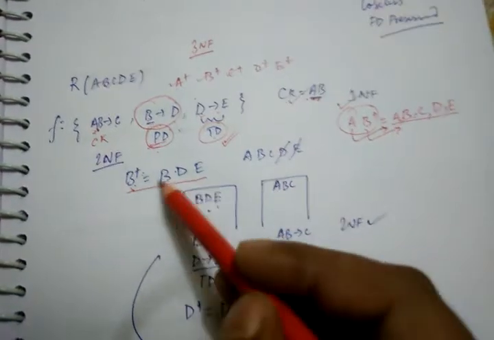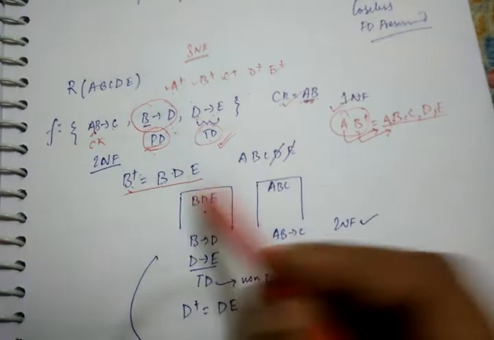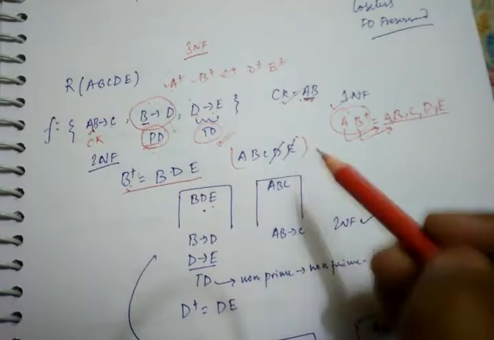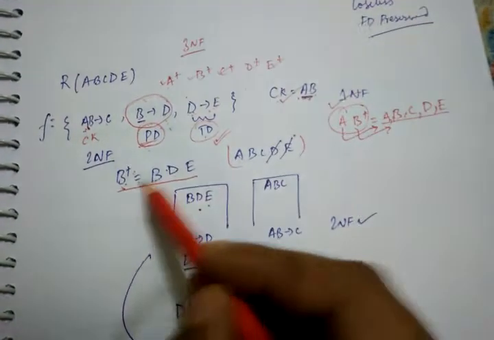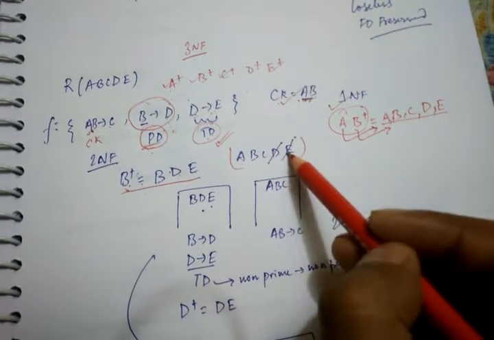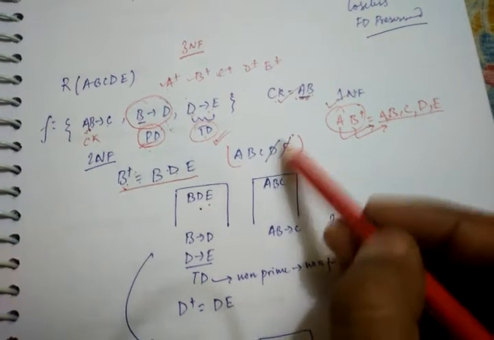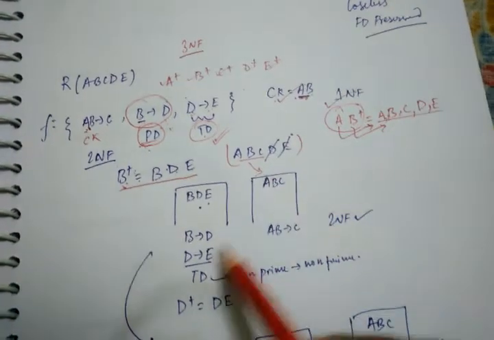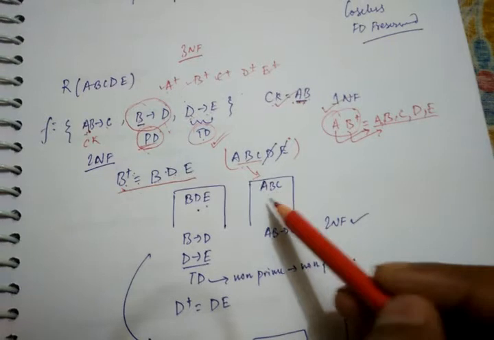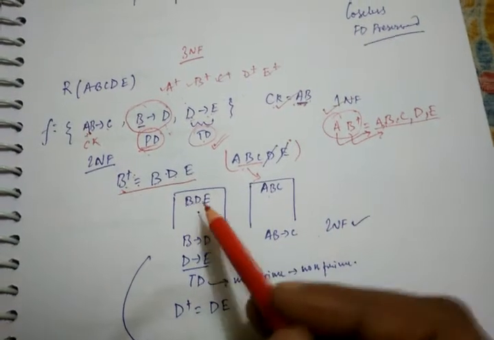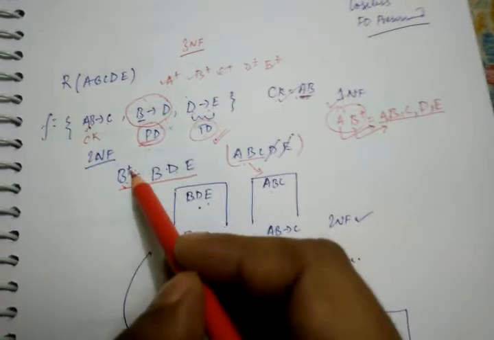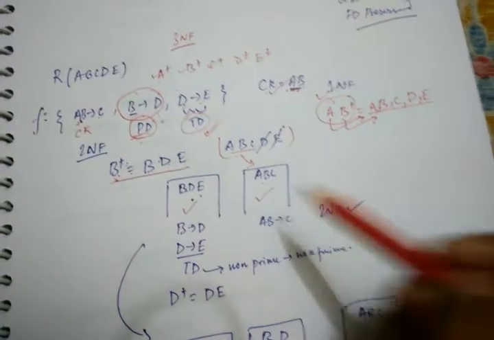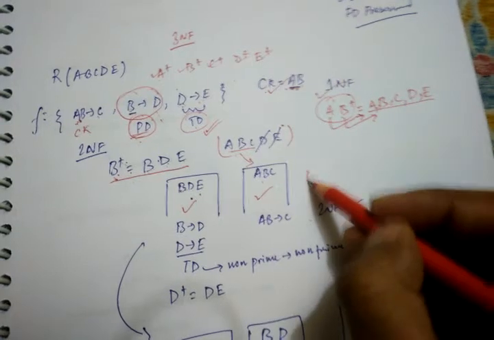Now we will divide this into tables. Initially we have A, B, C, D, E, and from B we are getting D and E, so D and E will be cut off from this, and whatever is left will be our second table. So A, B, C will be in one table, and B, D, E that we got from our B plus will be in the other table. This decomposition is totally lossless.